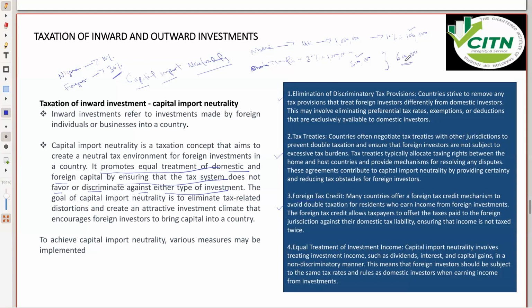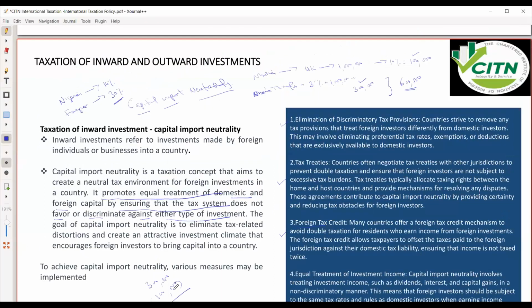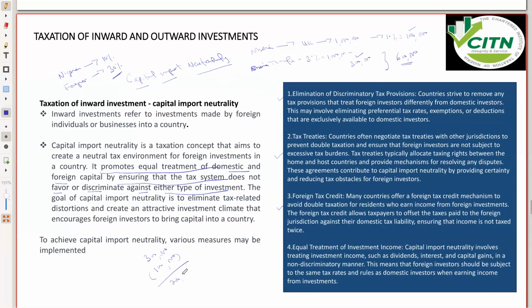600,000. But in a situation where we have a foreign tax credit, we calculate our tax in Nigeria and say, okay, in Nigeria, you are meant to pay 300,000. But you had already paid 100,000 in the UK because you earned the income there. So let's give you a tax credit for that 100,000. When you deduct that 100,000 from 300,000, it gives you a net of 200,000.